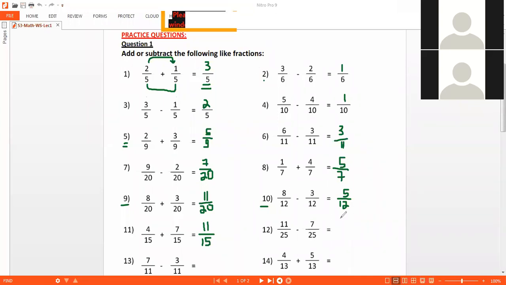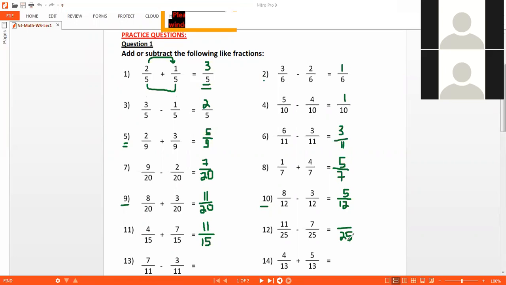Yalla Lana. 11 over 25 minus 7 over 25. 25 under. Yes, so we keep the same denominator, which is 25. What's 11 minus 7? 18.